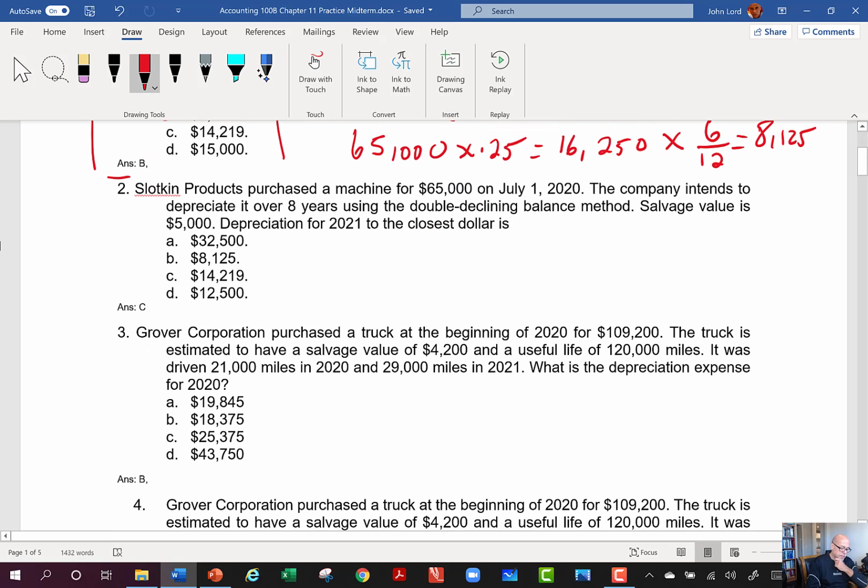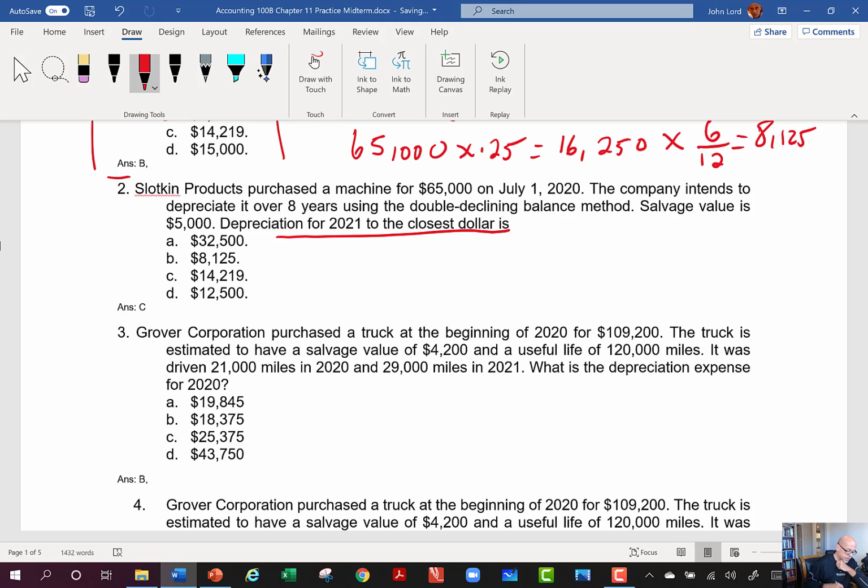All right, let's look at this next one. Sulkin purchased a machine for $65,000 on July 1st, 2020. Same fact pattern so far as the first question. The company intends to depreciate it over 8 years using the double declining balance method. Salvage value is $5,000, but now they're asking me for the depreciation for that next year.